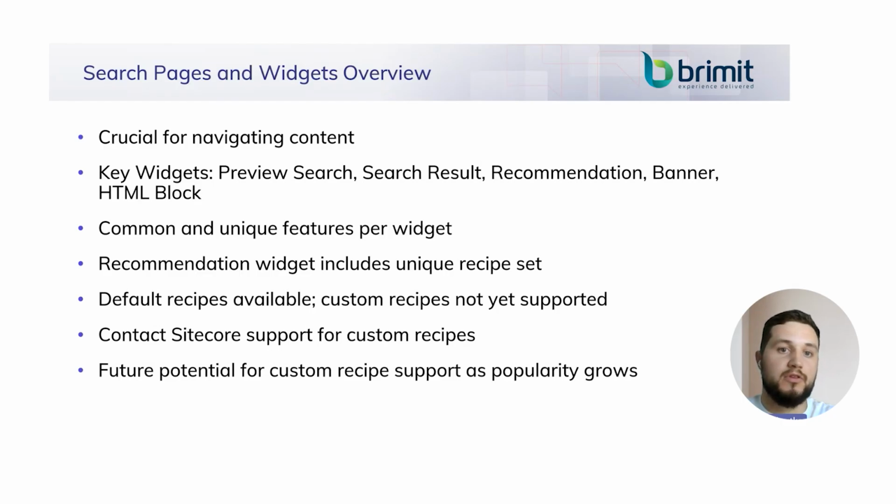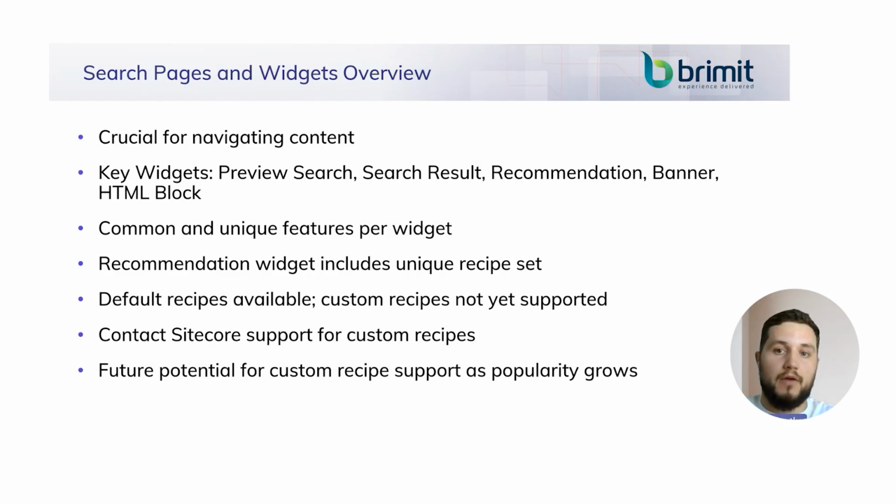For example, the recommendation widget includes a recipe, which other widgets don't have. Within each widget, you can set up rules, filters, and other conditions to control how your data is displayed. For example, you can configure a widget to show only items with Italy content, for example, a specific tag.